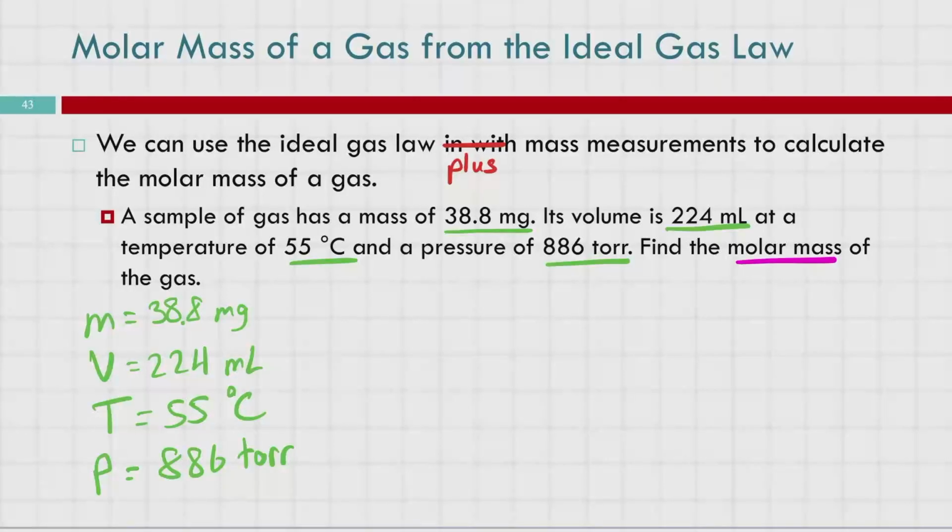Grams over moles. So sometimes we'll use capital M for molar mass, and it's mass over moles, m over n. So if we have the mass, we do, and we divide it by the moles, which we can find because of the ideal gas law, that'll give us the molar mass.